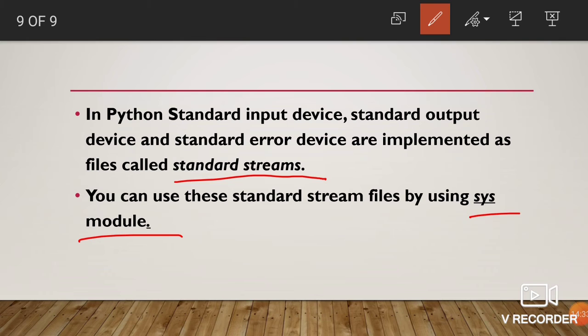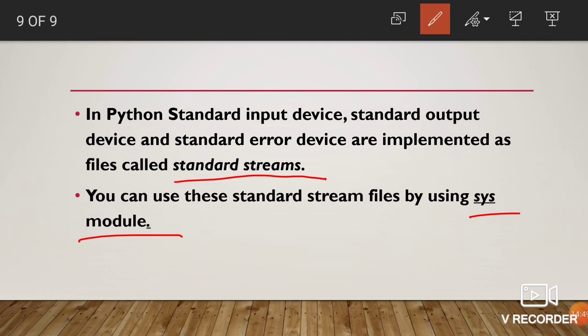We also saw two examples of how to remove the newline character and how to remove white spaces. After that we saw the standard input device, standard output device, and standard error streams.